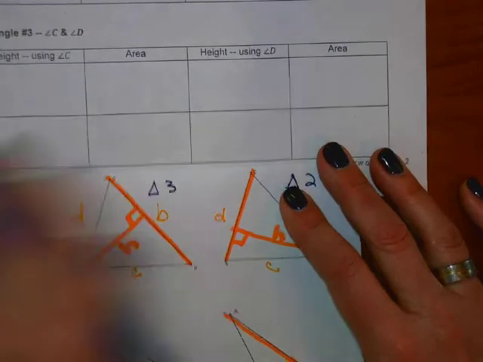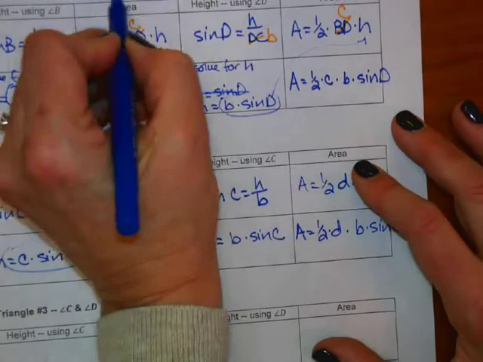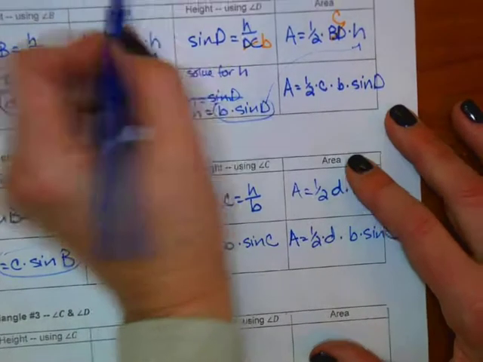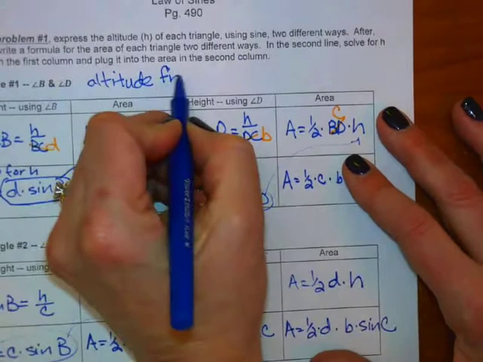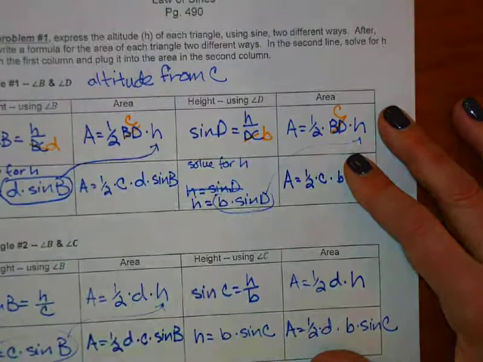I want you to go back up just in case and write something here. This is from the altitude from C. That's where that triangle was.